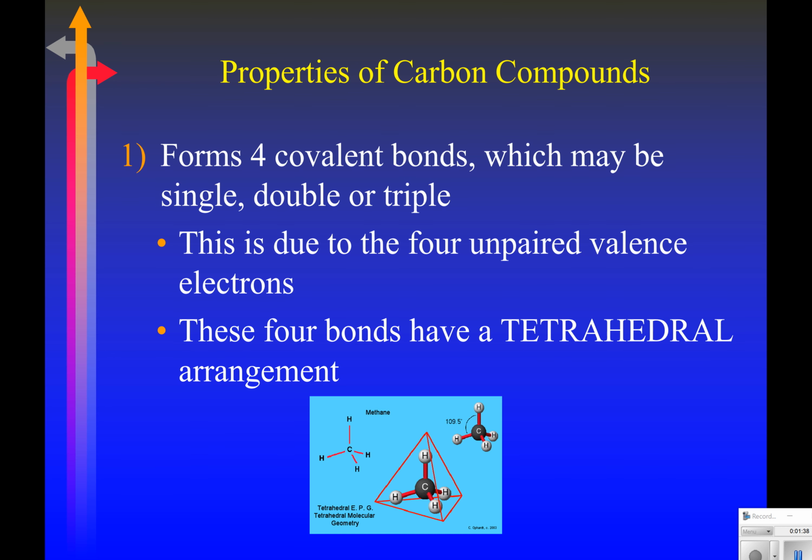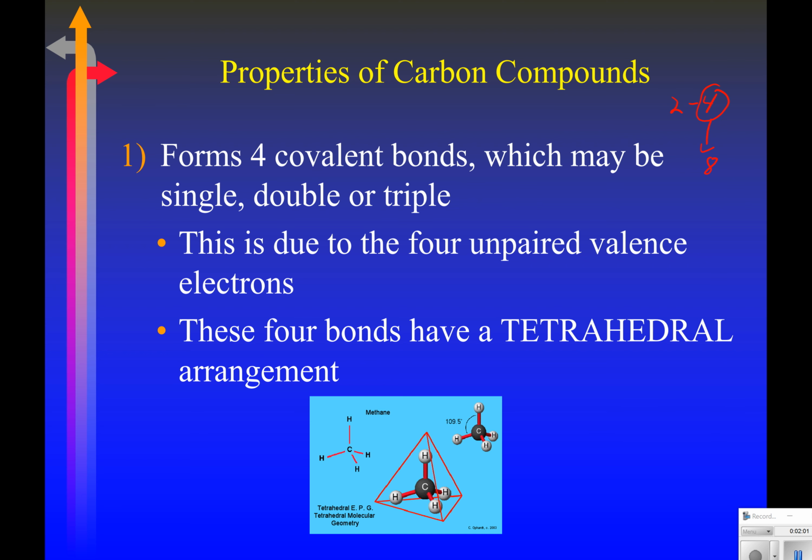Now, some properties of carbon compounds. Well, first, carbon has an electron configuration of 2-4, which means, since we want 8 valence electrons, it's looking to make 4 bonds. So carbon likes to make 4 covalent bonds, which can either be a single, a double, or a triple bond.